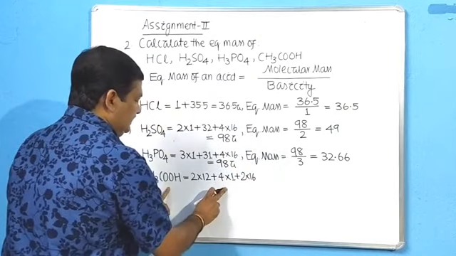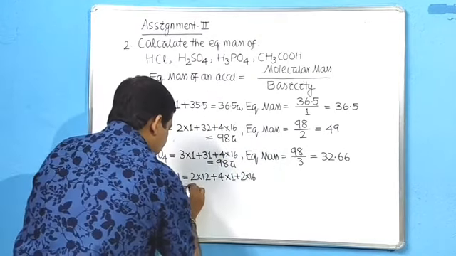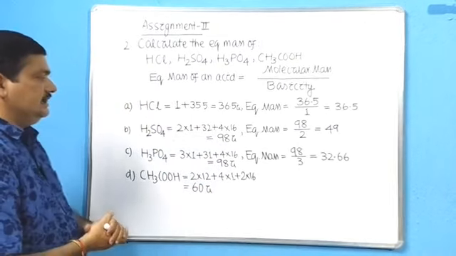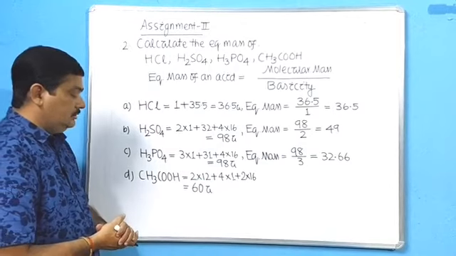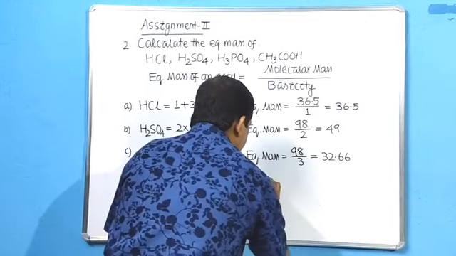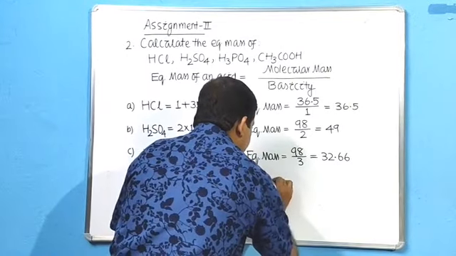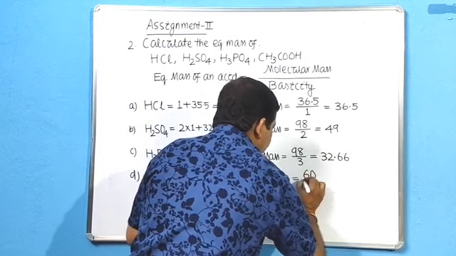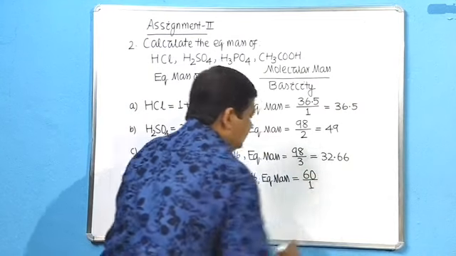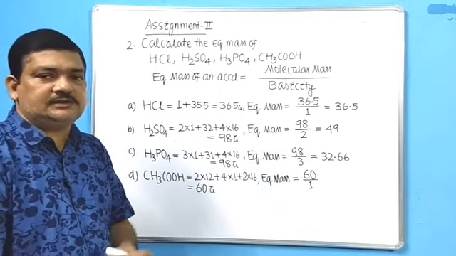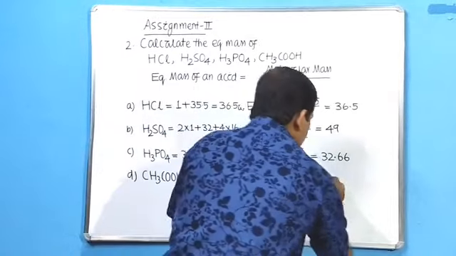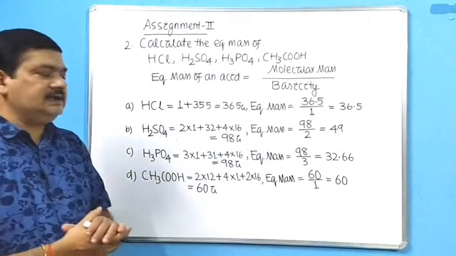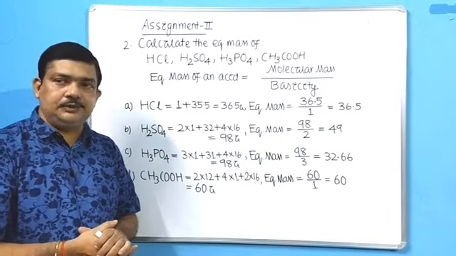So 24 plus 4 is 28, plus 32 is 60 U. So the molecular mass of acetic acid is 60 U. So what is the equivalent mass? Equivalent mass would be molecular mass, that is 60, divided by basicity. I have already shown you that it replaces only one H plus ion, so the basicity is 1. So the equivalent mass is 60. So these are the answers of assignment number 2.